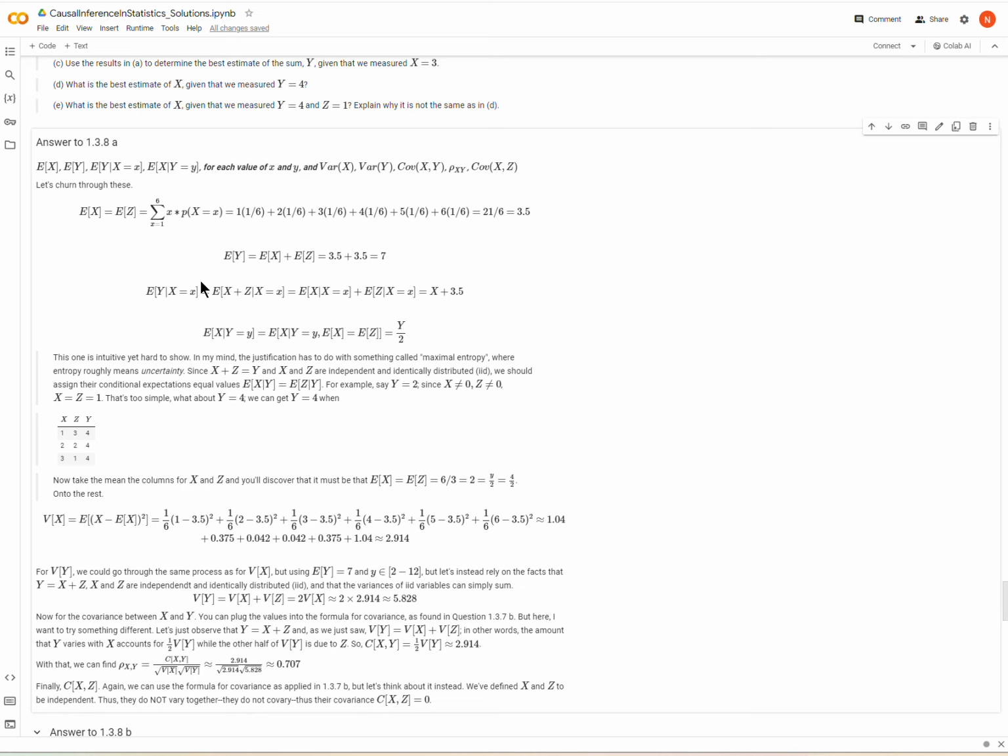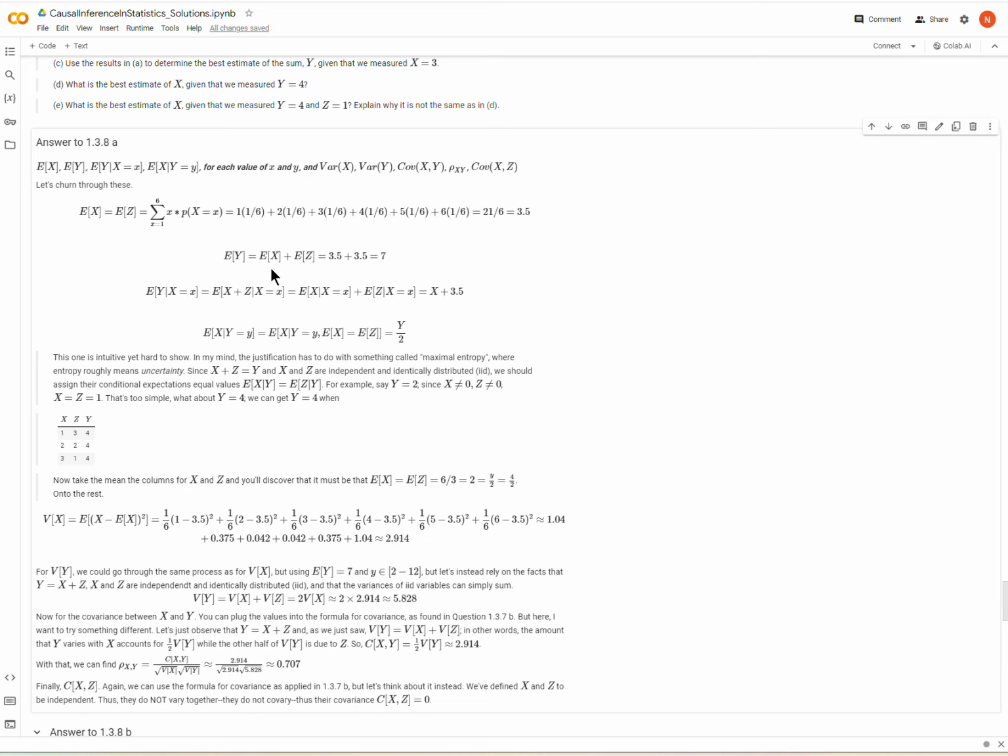Okay, so now we have the conditional expectation of y given x. We can think about this in a few ways. Again, you can apply a variant of that formula, but we can also just think our way through it. The conditional expectation of y given x means I tell you the value of x, what is your best guess for the value of y?